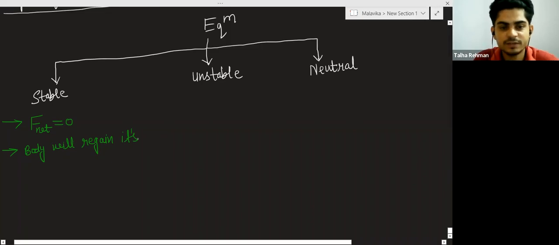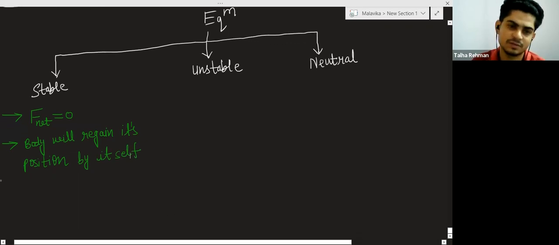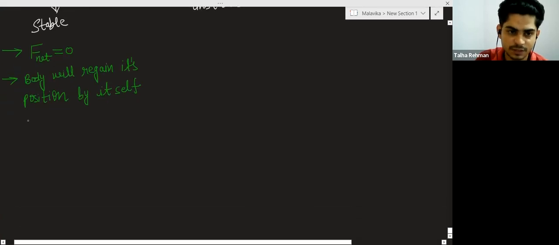The body will regain its position by itself. A very beautiful example of this is: suppose here is a bowl or something.